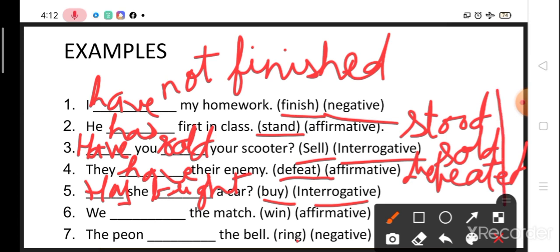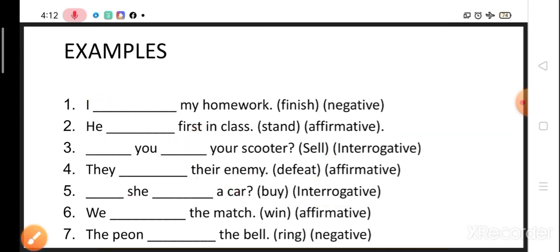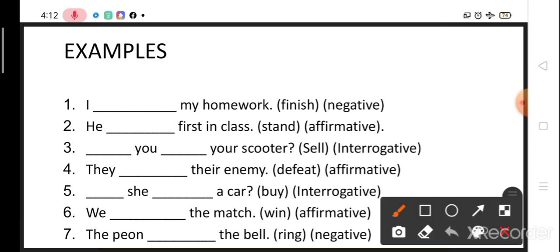Next sentence, we have, and past tense of win is won. We have won the match.